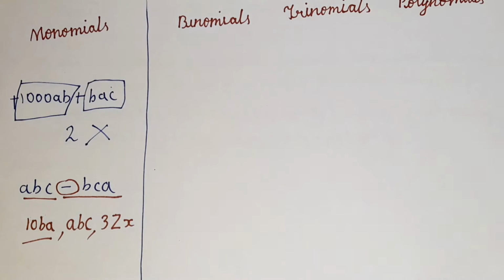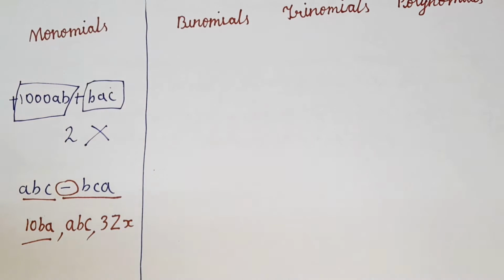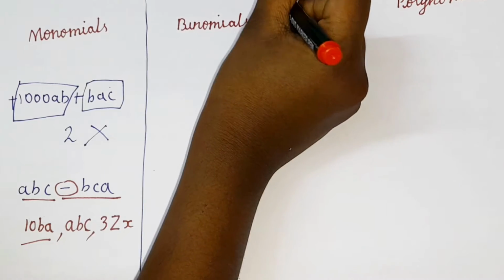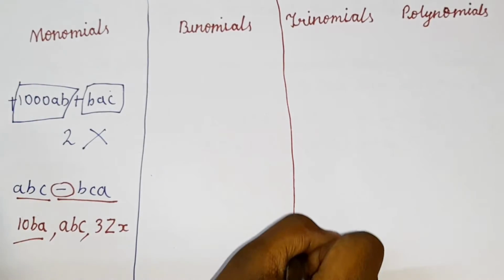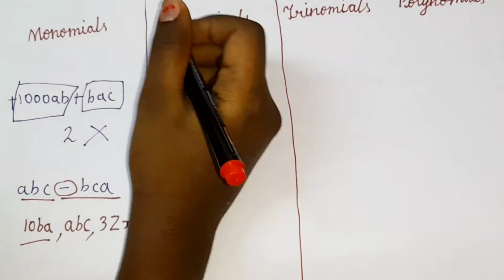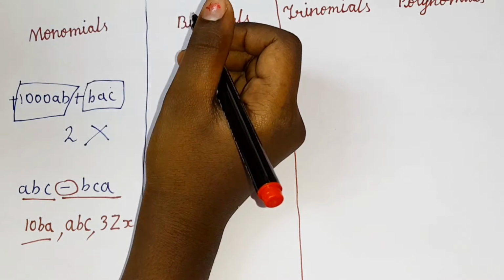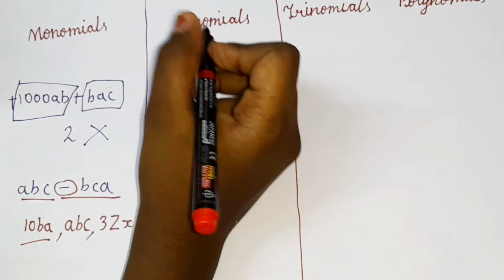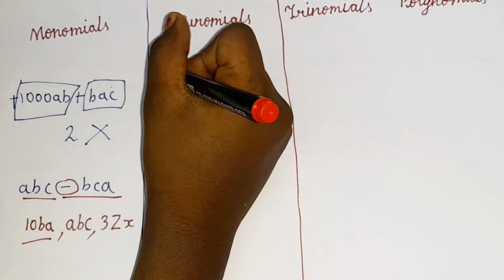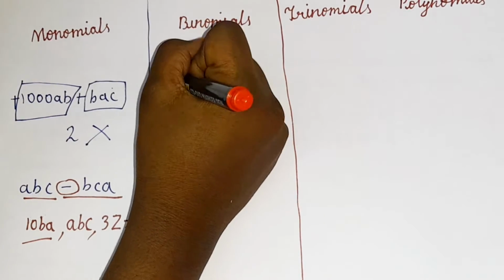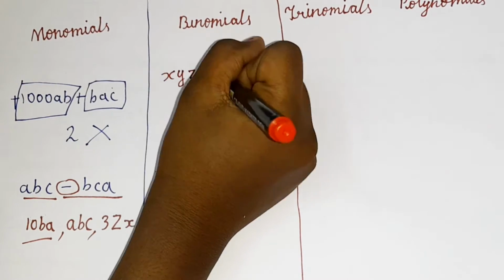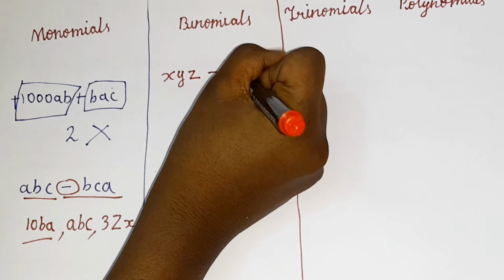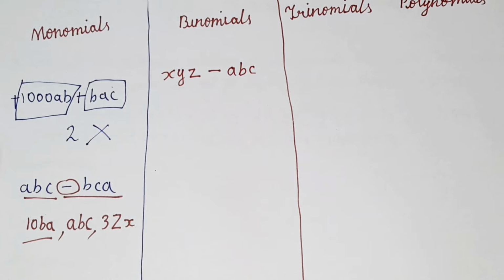So next, let's see binomial. What do you guys think of binomial? Binomial is the same with little changes from the monomial. In binomial we will have some differences. XYZ minus ABC. So here we have two groups.